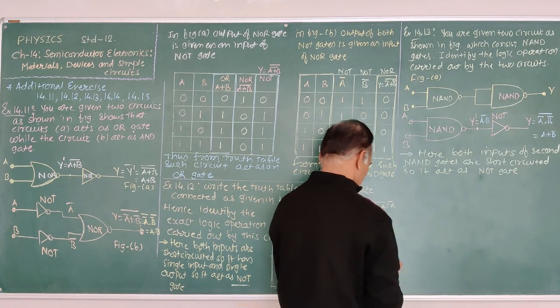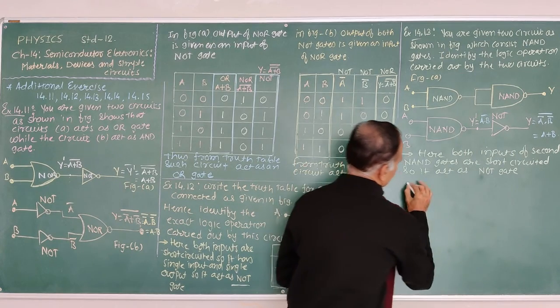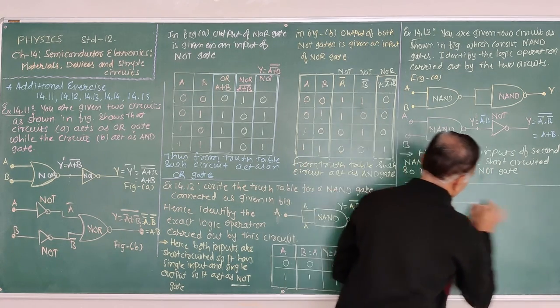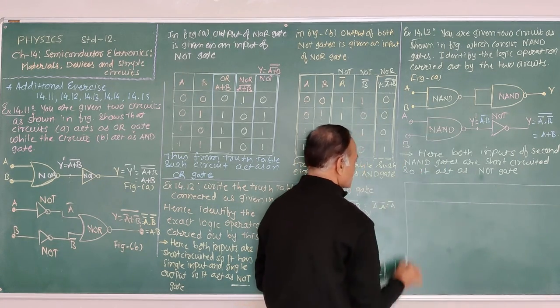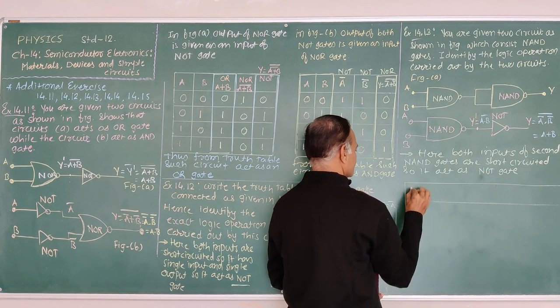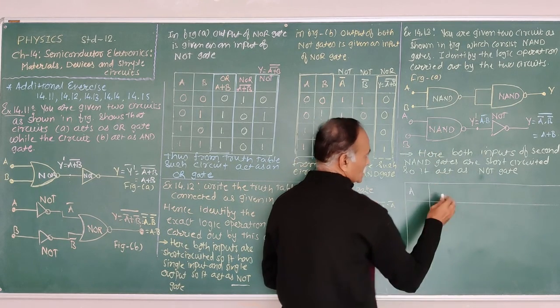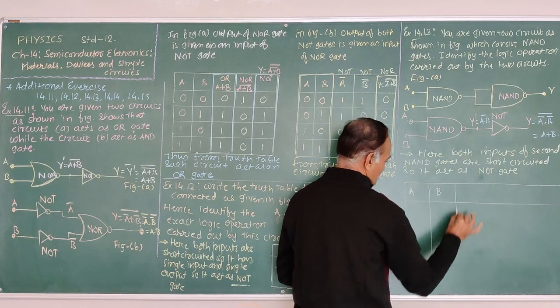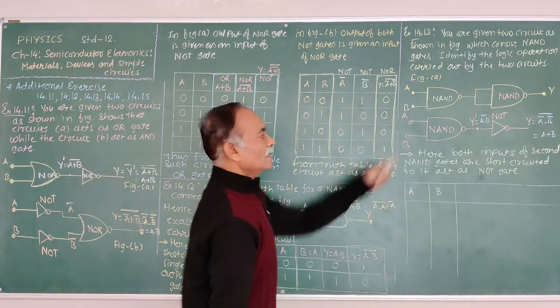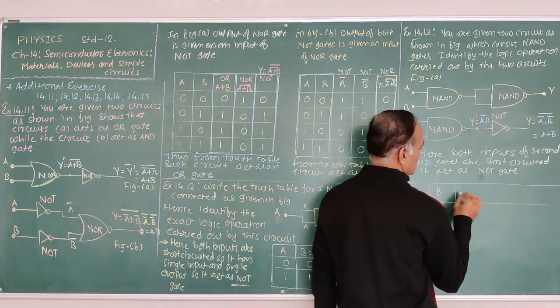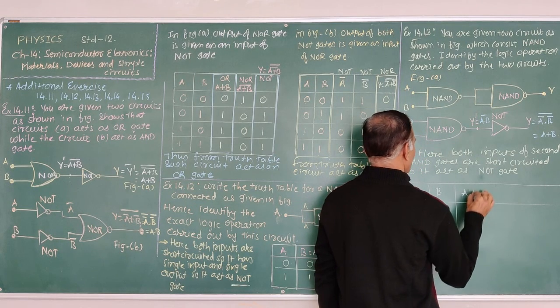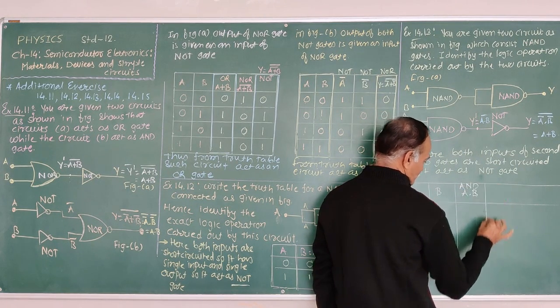Therefore, in the truth table, A is the input, B is also an input, and the output of the AND gate is A dot B. First we write down the output of the AND gate.